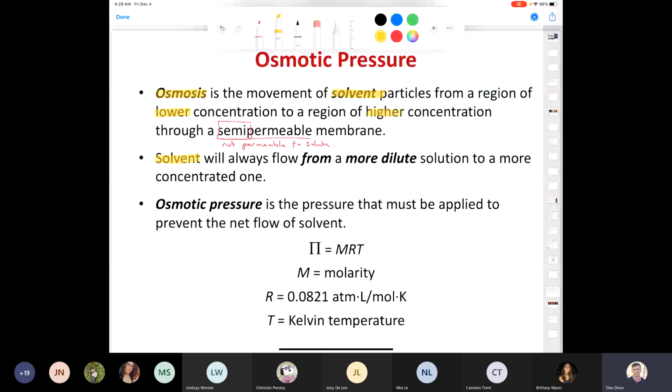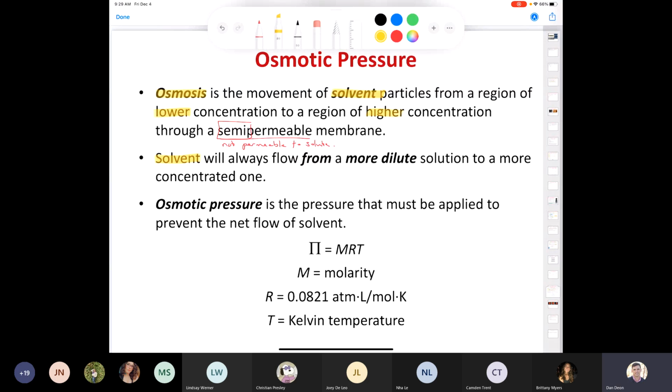one. Now that might be counterintuitive, but the way that I think about it is like this. If I have two solutions separated by a semi-permeable membrane, they're going to want to do whatever they can do to be more like each other, right? If you have one that's more concentrated, one that's less concentrated. Well, if the solute particles can't move and only the solvent can move, what's the only possibility?